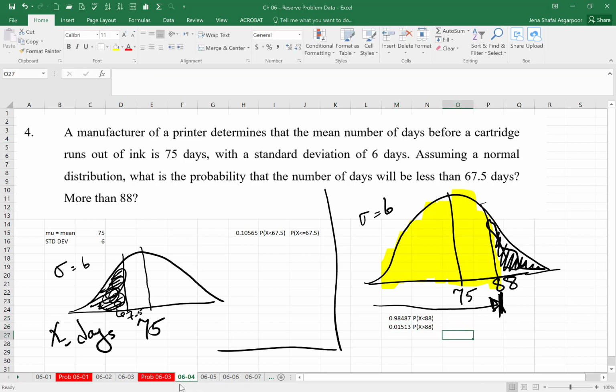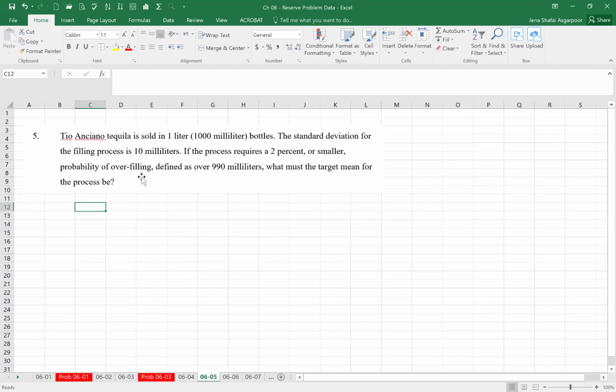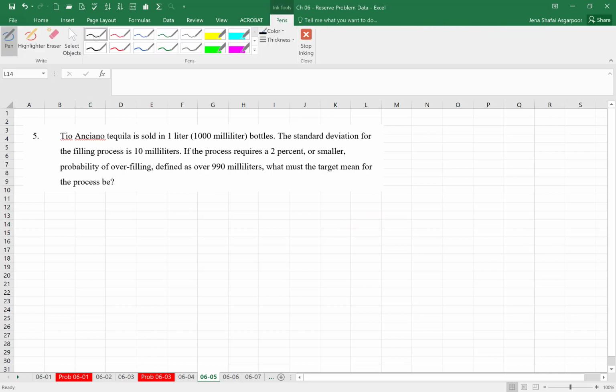Okay, so then the next problem says Tio Anciano tequila is sold in 1 liter or 1,000 milliliter bottles. Standard deviation for the filling process is 10 milliliters.